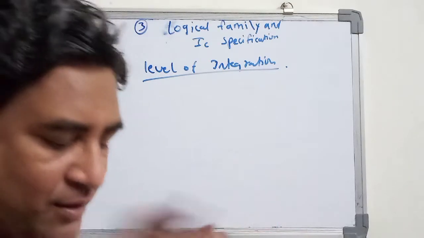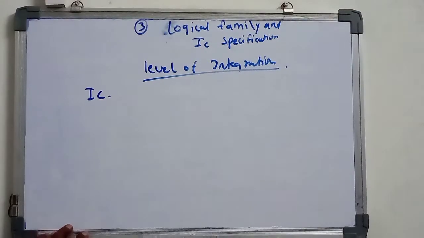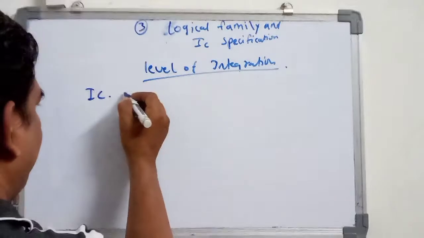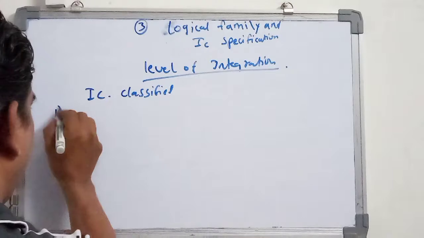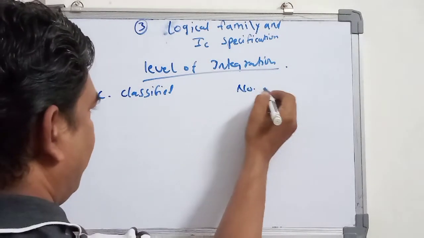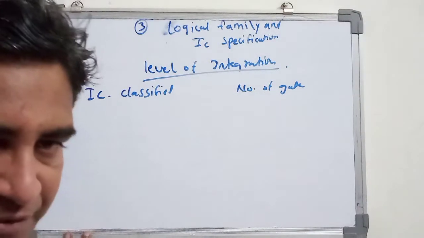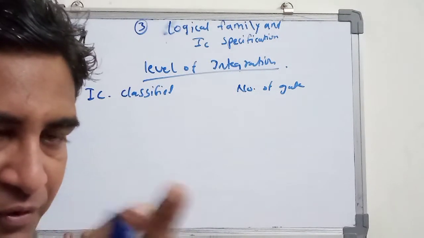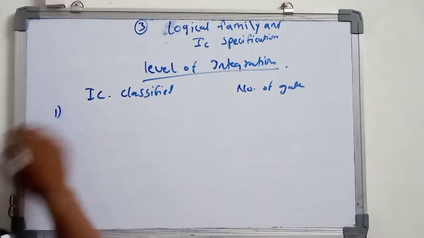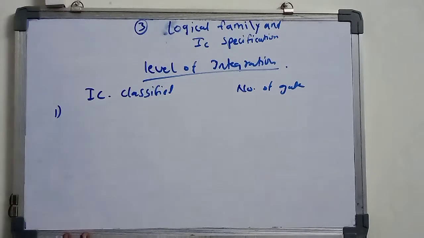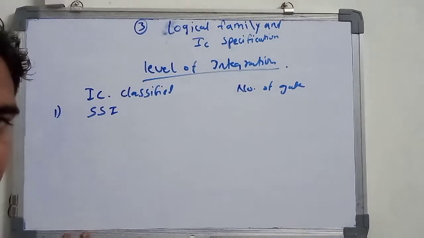Which is the first level? The first IC classification, and how many gates are used for the first, second, third, fourth and fifth classification. The first classification is SSI.